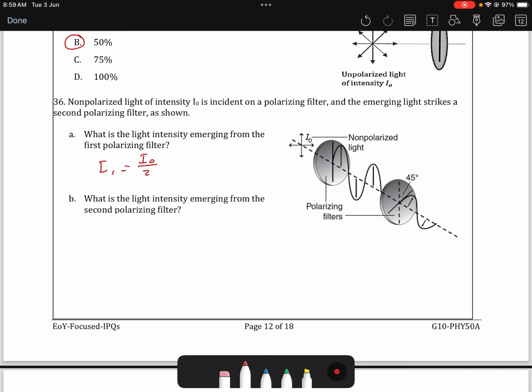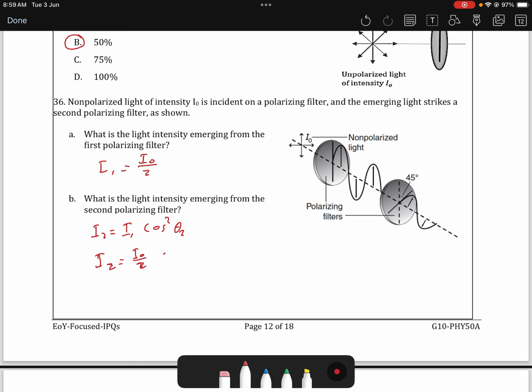Now, for the second one, we will look at the angle. So I2 equals I1 times cosine squared theta 2. Be careful, the square is on the cosine, not on theta, please. So when you write it in the calculator, write it like this. I2 equals I1, which is I0 over 2, based on the formula we had here, or based on the result.